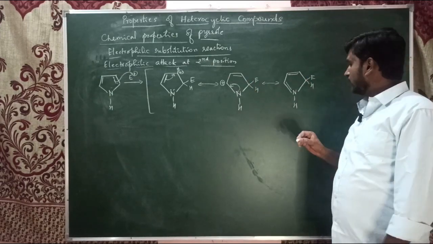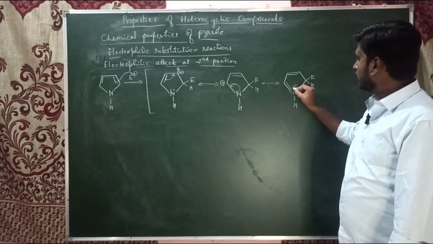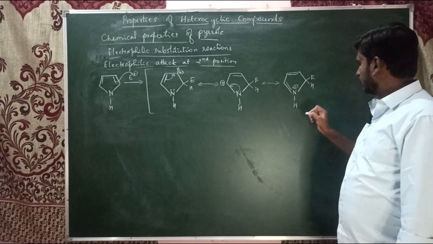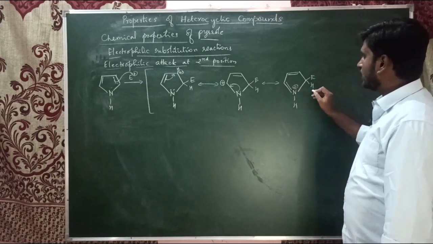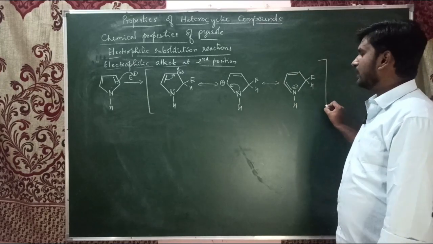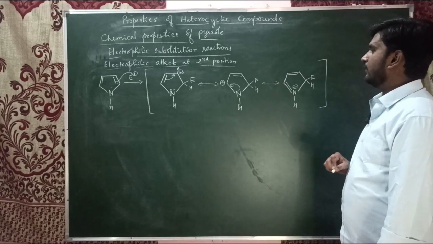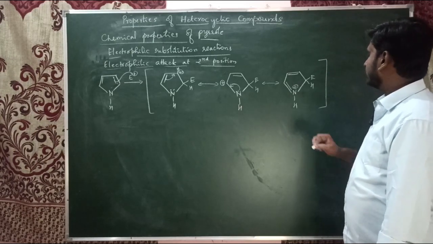When nitrogen gives electron, it forms 4 bonds around it, so nitrogen gets the positive charge. So again, the reverse will take place. That's why these 3 resonance structures will be formed when an electrophile attacks the pyrrole.